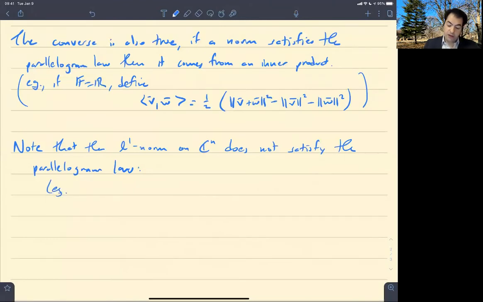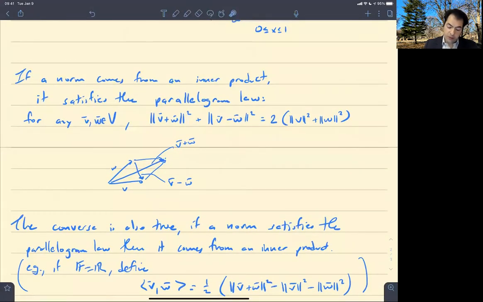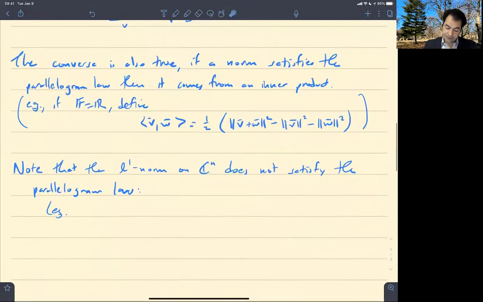So to check that a norm doesn't satisfy the parallelogram law, since it's supposed to hold for all vectors v and w, it's enough to just exhibit a pair v and w that does not satisfy this equality.